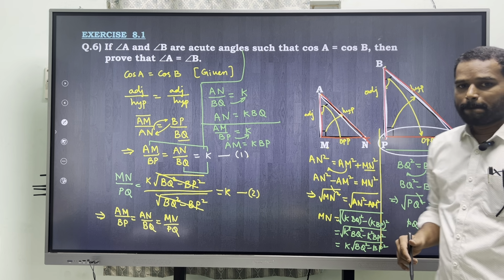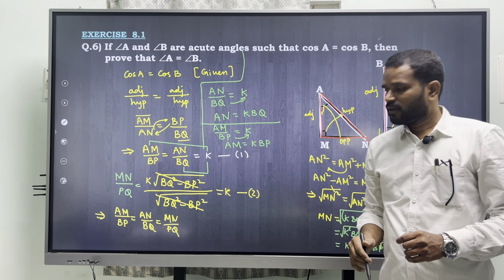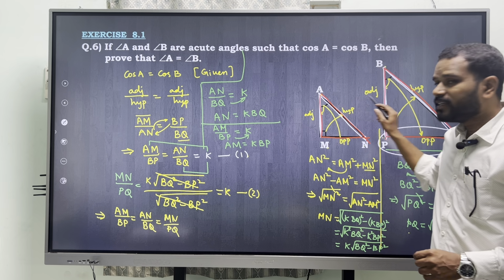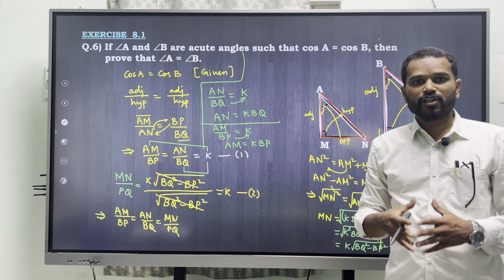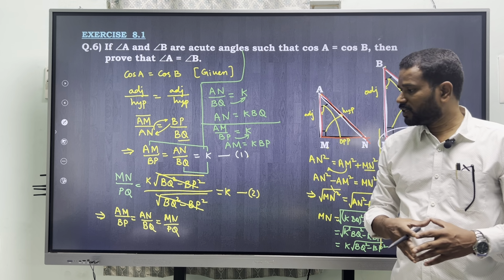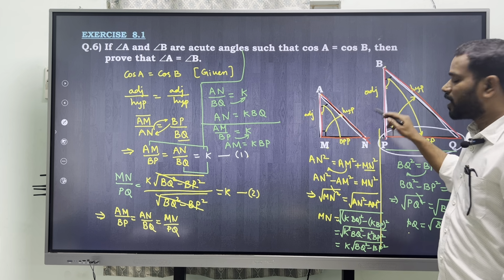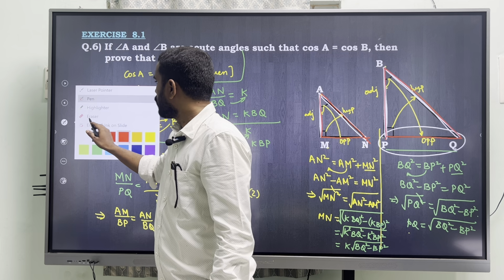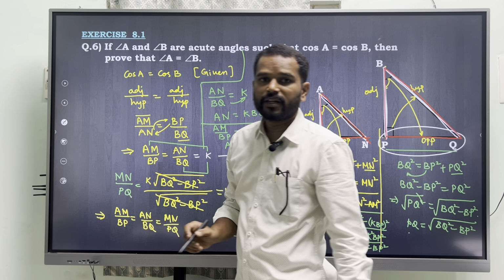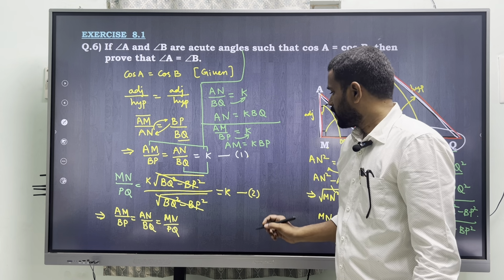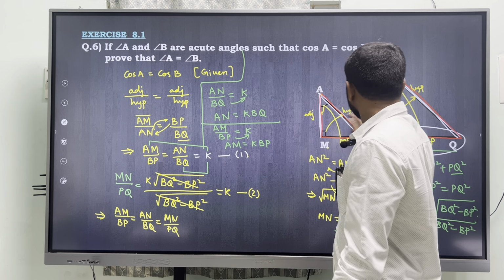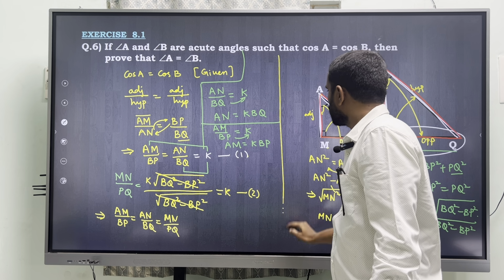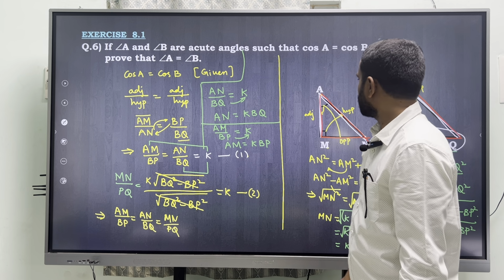Which means from the triangles chapter we know that if the three sides are proportional, then these two triangles are similar. These two triangles are similar by what rule? By the SSS similarity criterion. So these two triangles are similar.